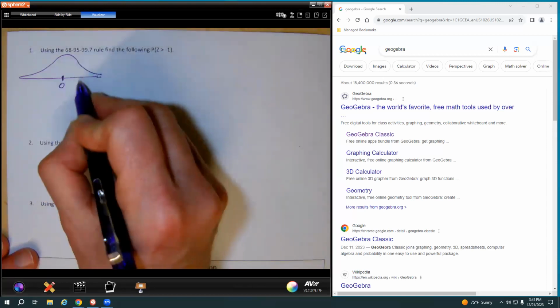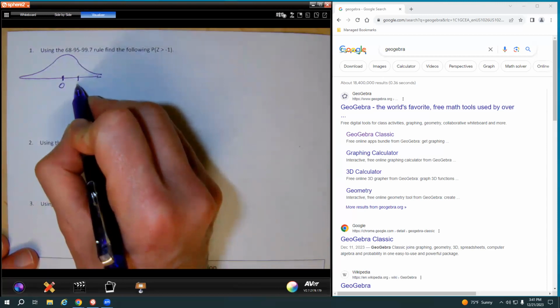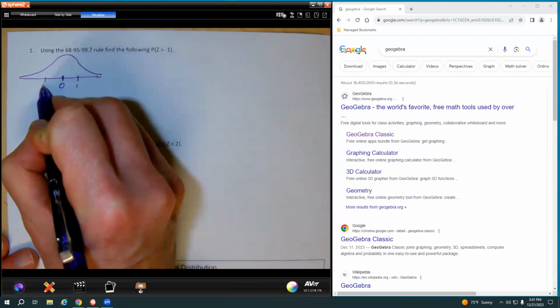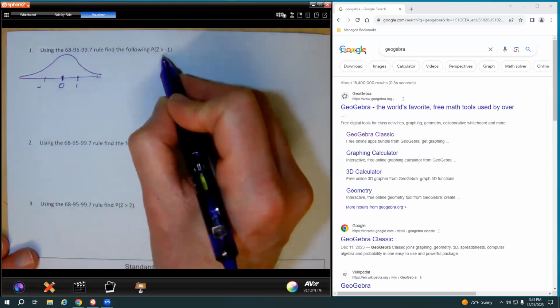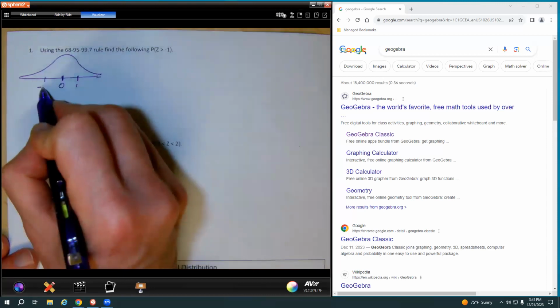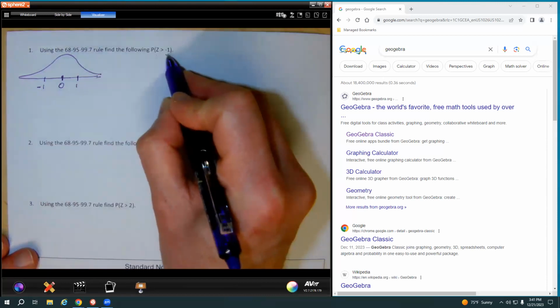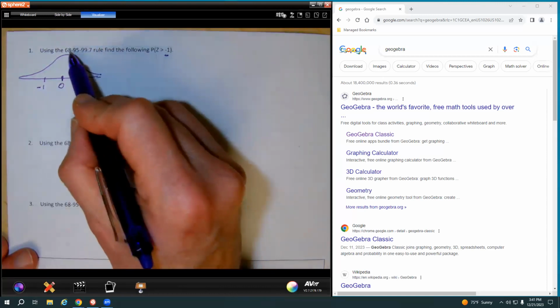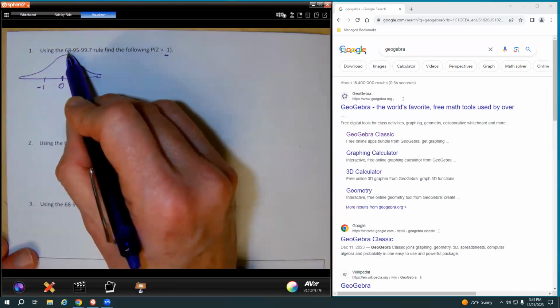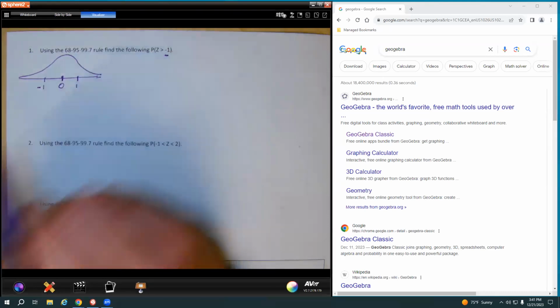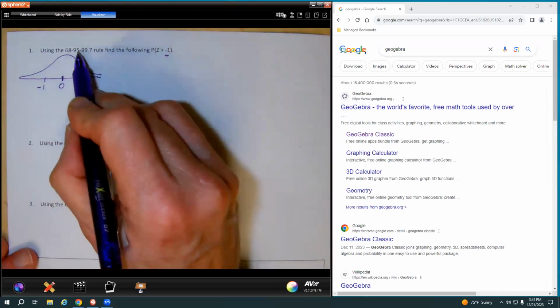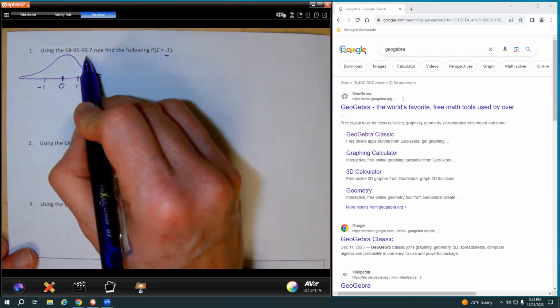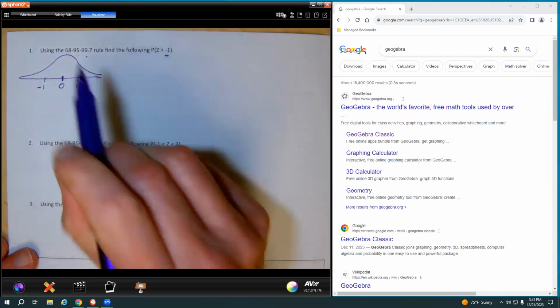So having memorized this, I'm going to draw from memory what it is that this represents. Now I'm after z being greater than -1, so I know that it involves -1 standard deviation. I'm going to draw the 68, because it involves the -1 and 1. I'm not going to draw 95 or 99.7 because this doesn't involve them.